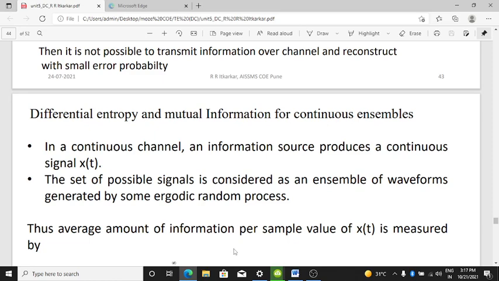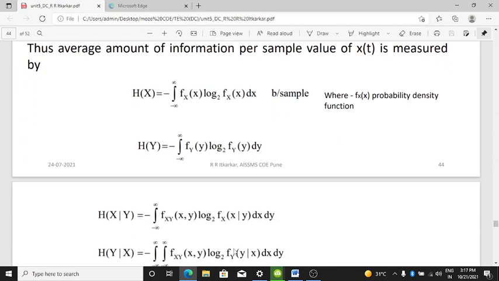Thus, the average amount of information per sample value of x of t is measured by H of X equals minus integration from minus infinity to infinity of f X of x log 2 f X of x dx bits per sample, where f X of x is the probability density function.